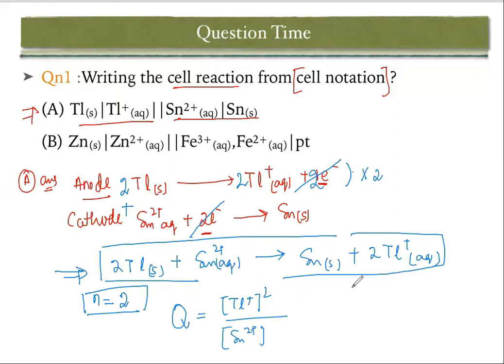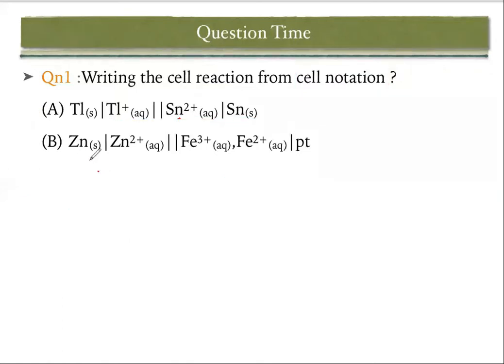As we know, the solid value is 1, right? The active mass of the solid, if you write that, is also 1. So this is Tl square, and this value is 1, and this value is 1, because both are solid form, and the solid form active mass is 1. So remember how you write the reaction quotient, because this quotient will help us derive the Nernst equation.